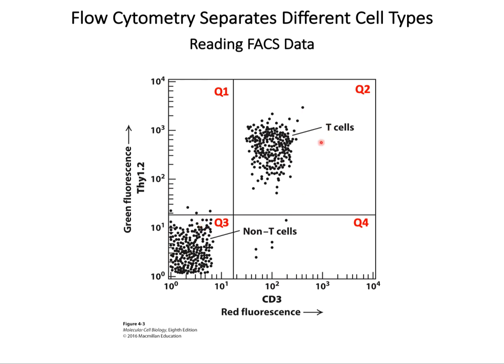The upper right quadrant shows strong green as well as red fluorescence, indicating the fluorescent stained T cells. Please note that in flow cytometry, there is a convention of numbering each of these quadrants. So here in the red, quadrant 1 is designated as Q1, quadrant 2 as Q2, and so on.